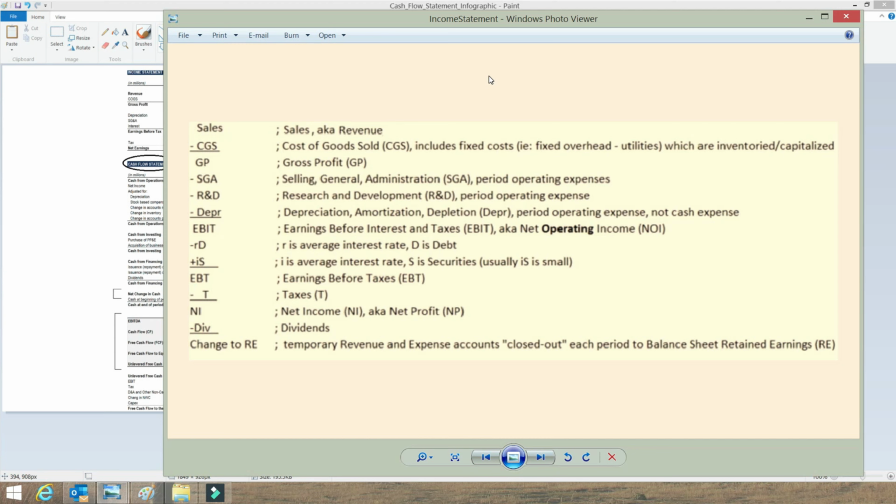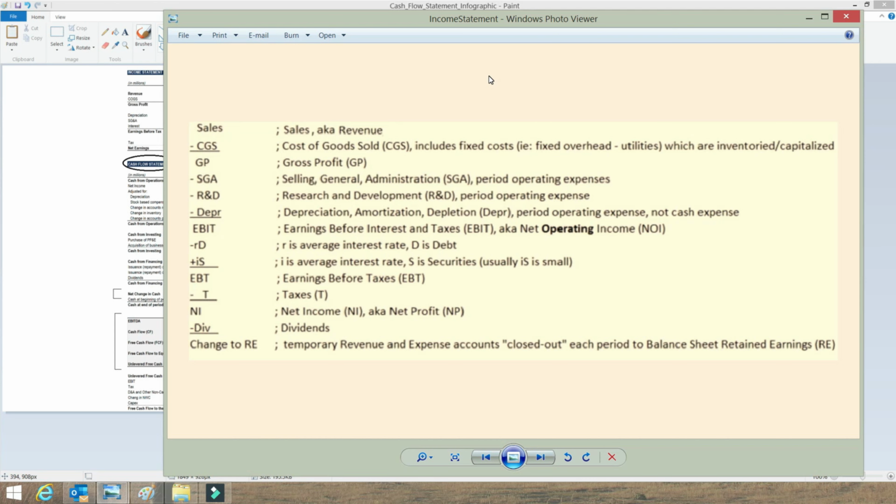So by the time you get down to that earnings before interest and taxes line in the income statement, you've got a fairly representative after-investment type cash flow. Then you add back the depreciation and amortization, and you end up with a representation of the actual cash, because depreciation and amortization is not an actual cash expense.